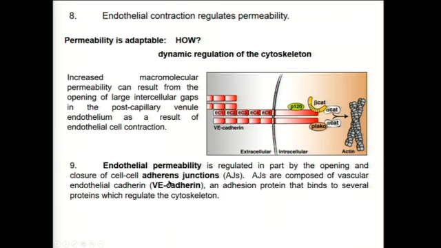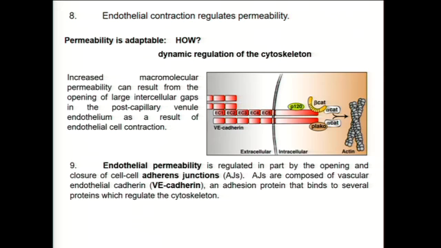Endothelial cells can pull away from each other by virtue of a complex called adherens junctions. Adherens junctions are located between endothelial cells. And the molecule on the endothelial cell that makes up the adherens junctions is called VE cadherin, vascular endothelial cadherin.